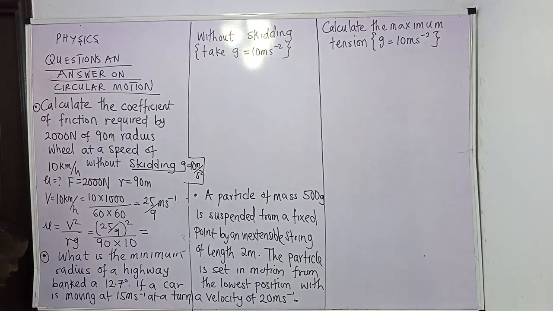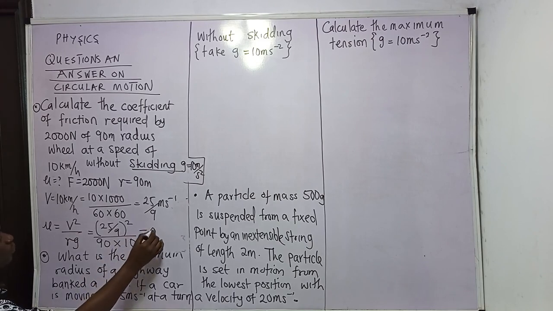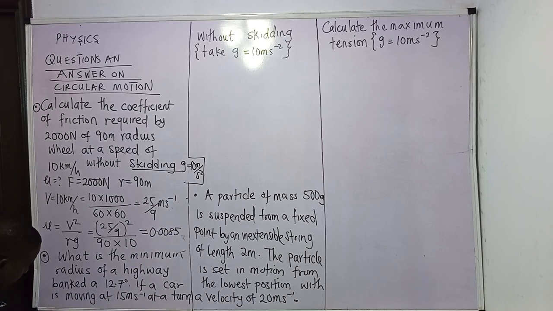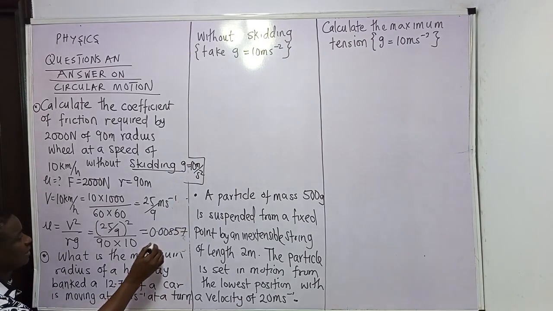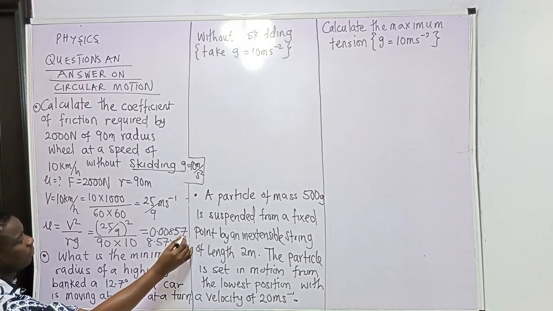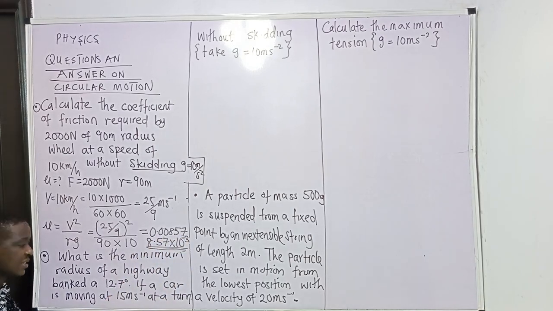You square that one, then divide by 900. I think our answer is 0.008571, which is about 8.57 times 10 to the minus 3. So this is the first answer.